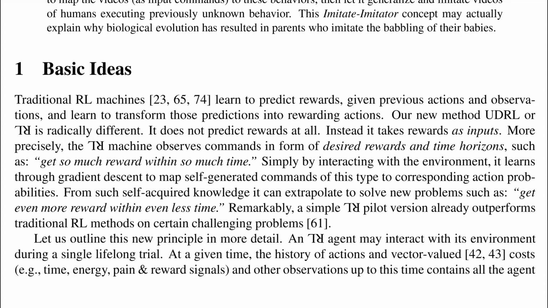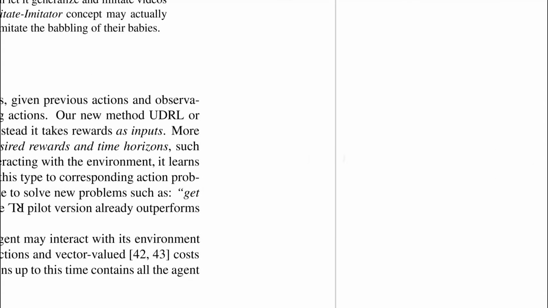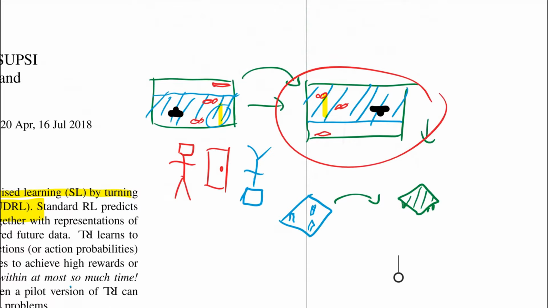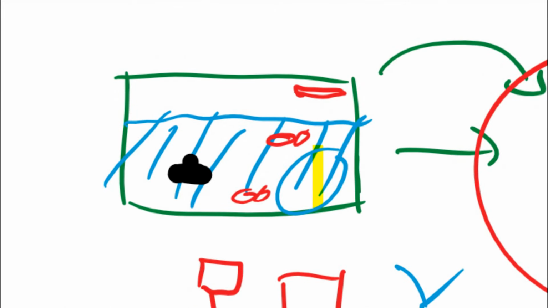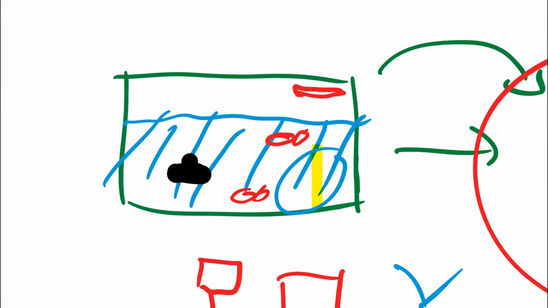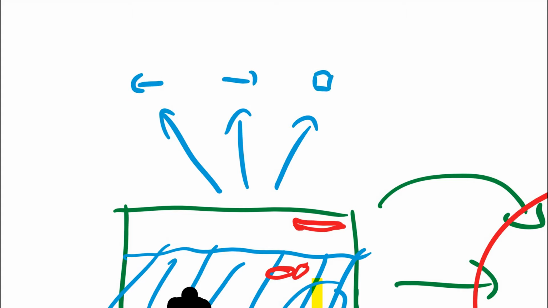So in classic RL, and let's go back to this Atari game here, right? In classic RL, an RL algorithm will get the Atari game screen as an input, and is asked from this to predict a bunch of outputs. So in classic Atari, these are 8 actions. I'm going to draw 3 here: go to the left, go to the right, or press the button for shoot.